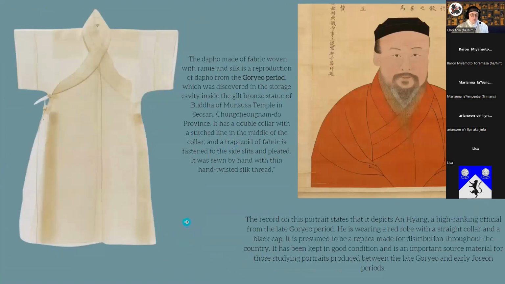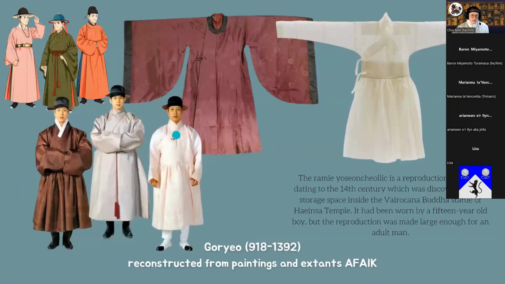And then we do have this here, which is another reproduction of something that was found. You can see that it's got this double collar look. I do know that's a thing from late period Goryeo at least. This garment reproduction has it, but this one does not, but this one does.